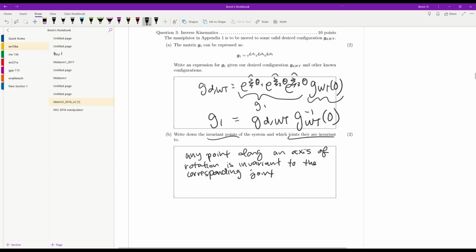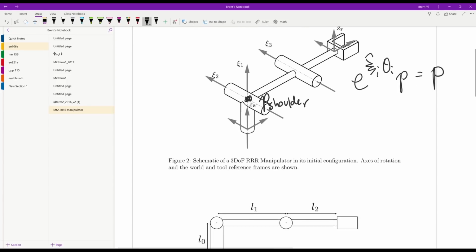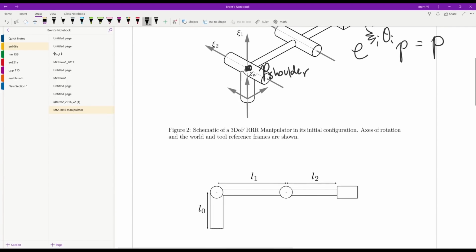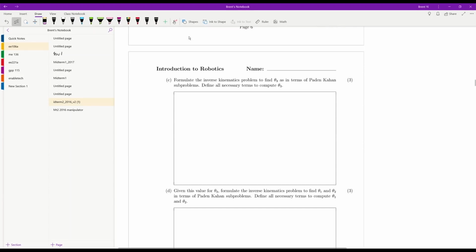And then we also have this specific point right here, which is invariant to two joints. So we can call this like P shoulder. And its location is equal to 0, 0, L naught. 0, 0, L naught is invariant to joints 1 and 2. So now that we have the invariant points, we can maybe use that for finding the PK subproblems.